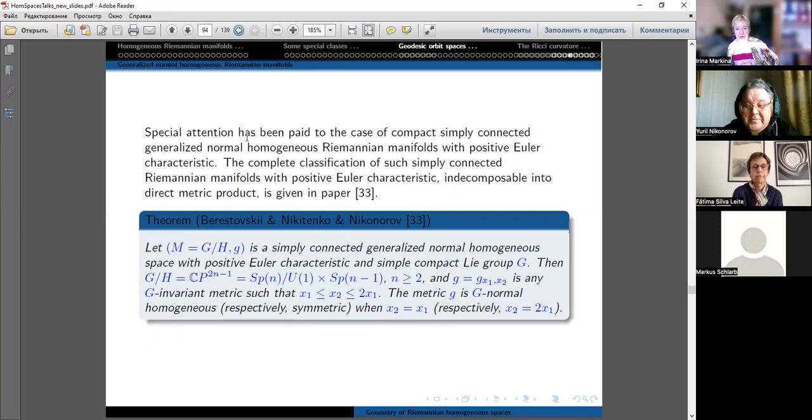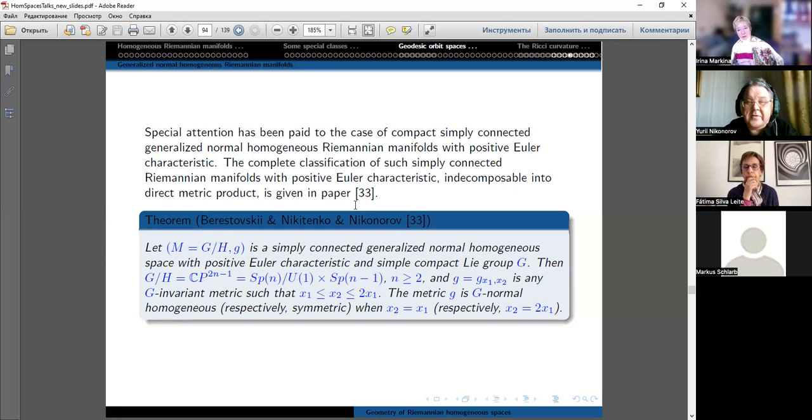And of course, I should note that all generalized normal homogeneous metrics are automatically geodesic orbit, because from this property, to have such isometries between x and y, it's easy to prove that any geodesic is an orbit of some one-parameter isometry group, really.